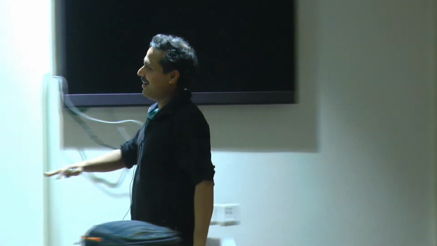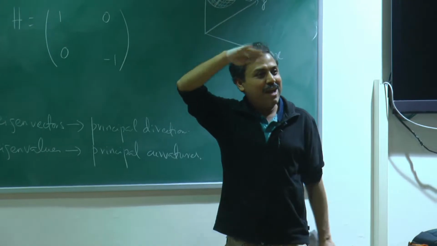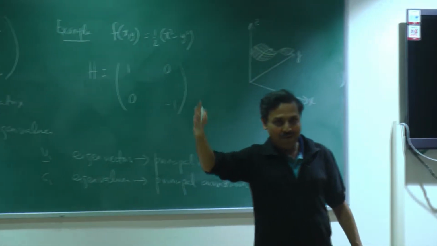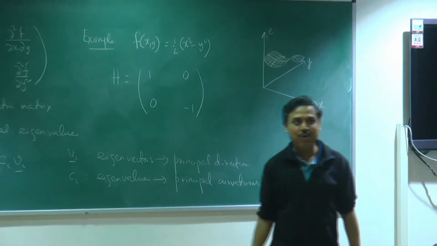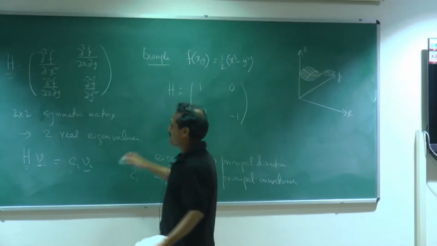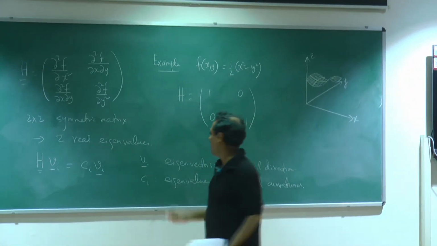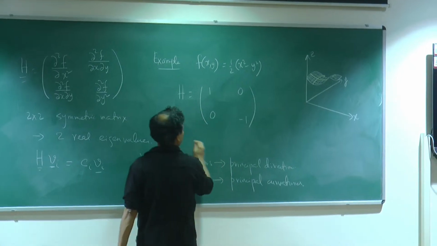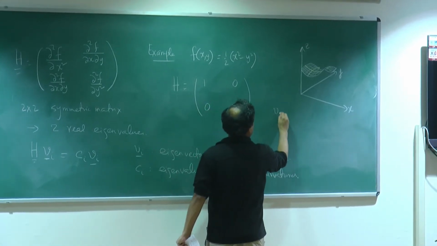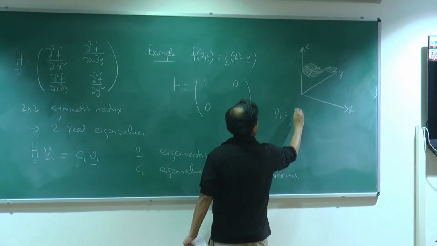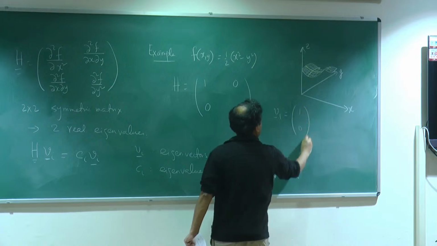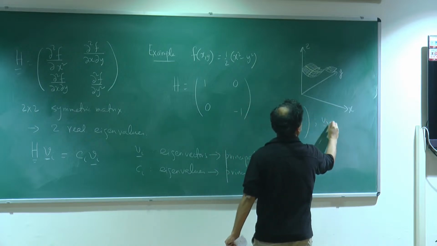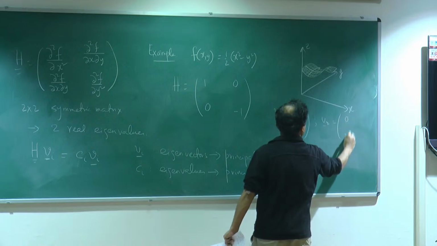So this is already diagonal, and I can correspondingly find the eigenvectors. Go back and do the exercise and find out what the eigenvectors are. Then V1 will be (1, 0), and V2 will be (0, 1).